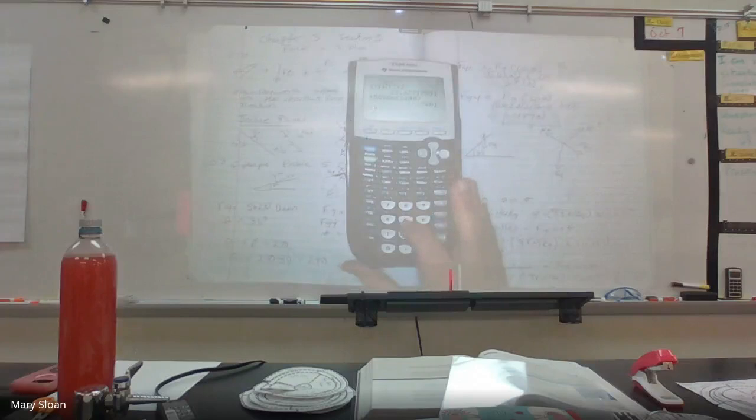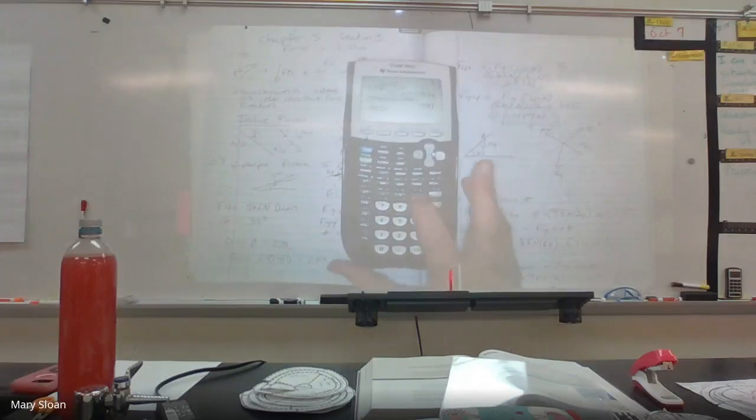Open bracket, 562, close bracket, then sine, then 240, close, and hit enter, and you should get a negative 486 point something. And I made it 487.